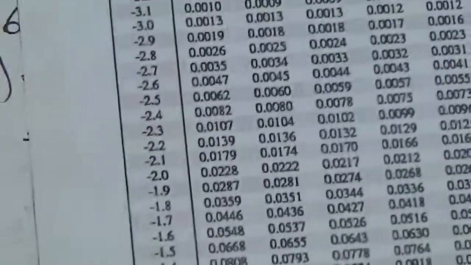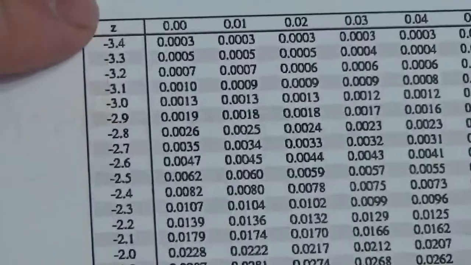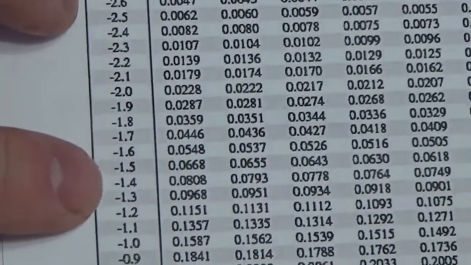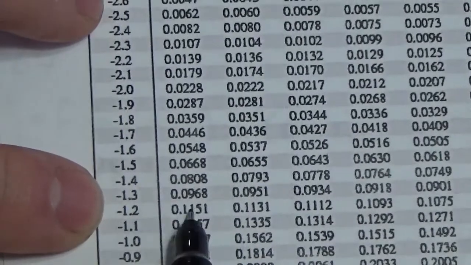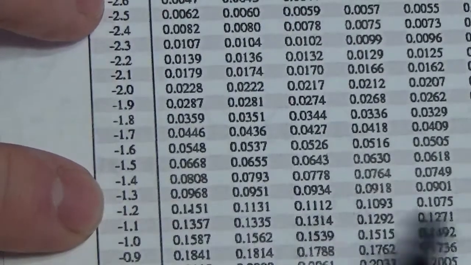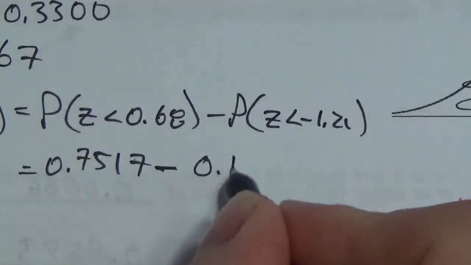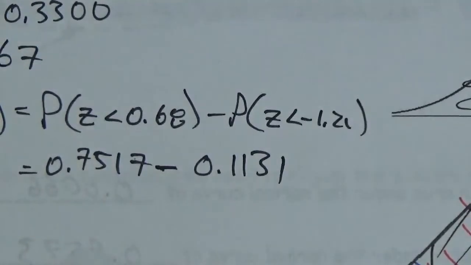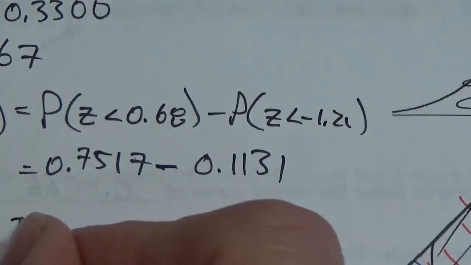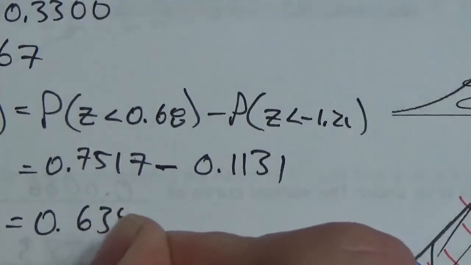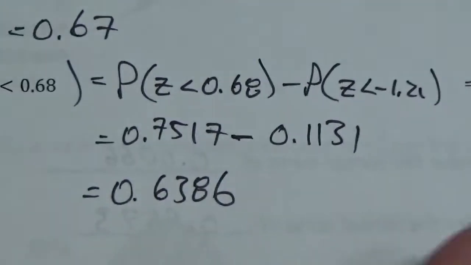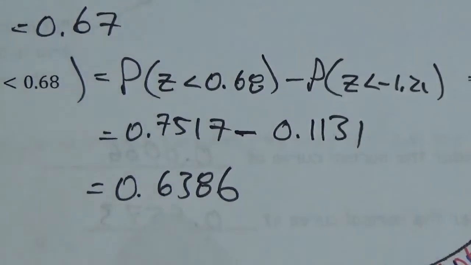Okay, well, negative 1.21. Okay, there's my negative side here, negative 1.2, 01. So 0.1131. And 0.7517 minus 0.1131 is 0.6386. And so that's the probability of being in between those two values.